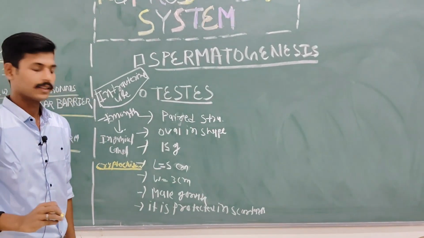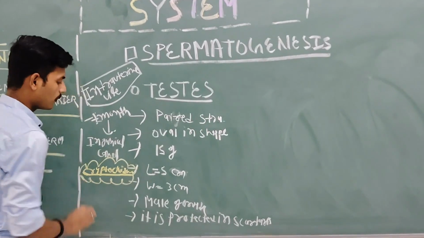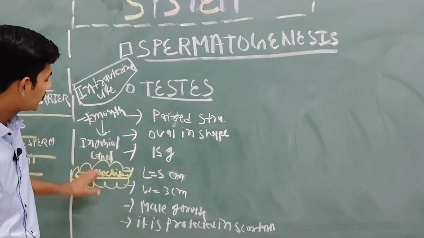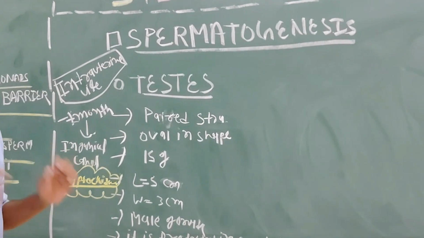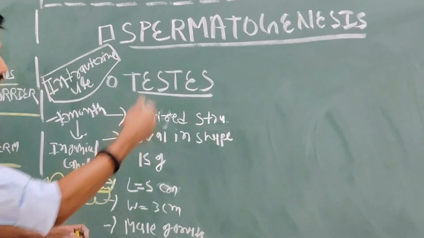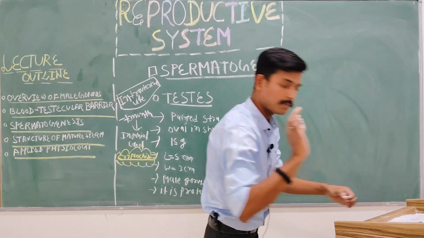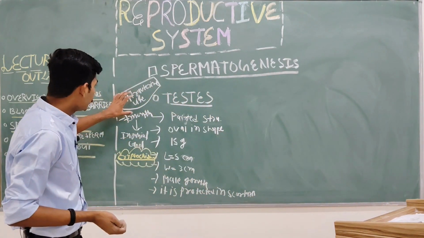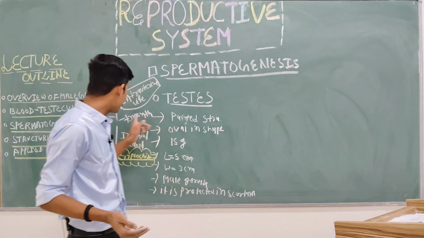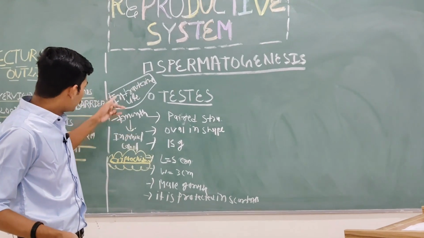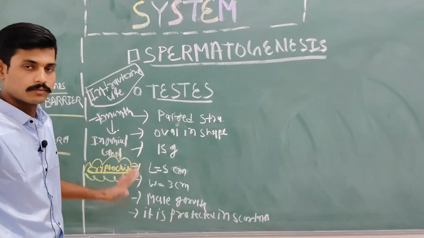It means that the testis has not descended into the scrotum, but there are surgeries and hormonal introductions, which we will discuss after a few minutes. But first, just keep in your mind that the testis is not initially present in the scrotum. It is in the 7th month that the testis descends through the inguinal canal into the scrotum.